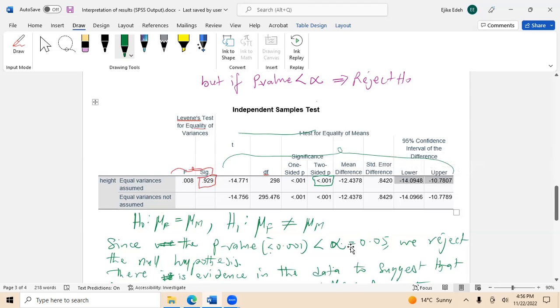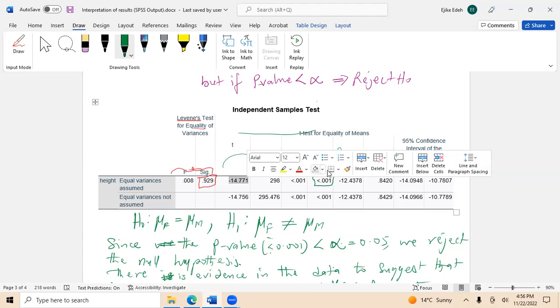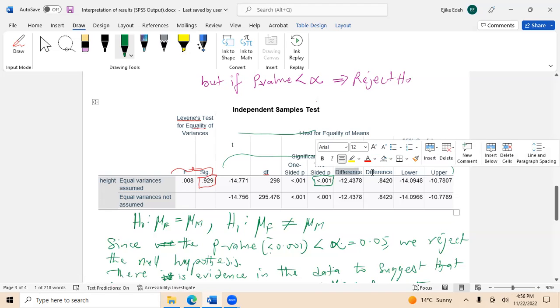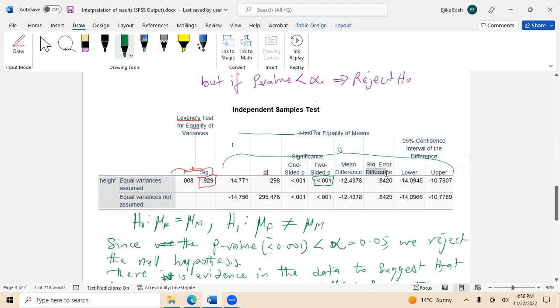If you check the formula that we use to compute the test statistic, and you apply it using your standard error and the difference in mean here, you get your test statistic. So if you divide negative 12.4378 by 0.8420, you are going to get the test statistic. So if you do the difference in mean divided by the standard error, you get your test statistic.